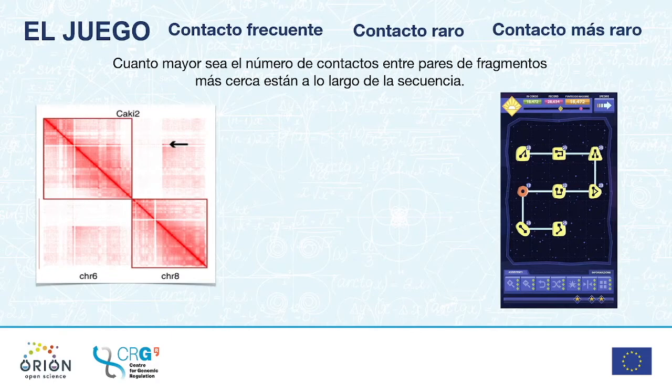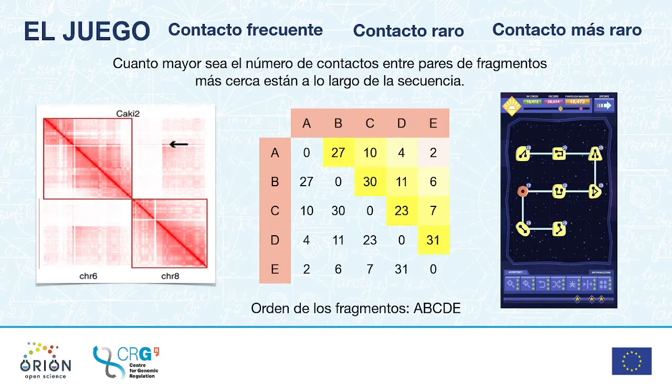In fact, in the case of a configuration where the fragments are correctly ordered, the expected trend is similar to the one that is shown in this example, in which the values of the contacts between adjacent fragments along the sequence, such as AB, BC, CD, and DE, are on average the highest if compared to those between more distant fragments, such as AC, BD, CE, and so on.